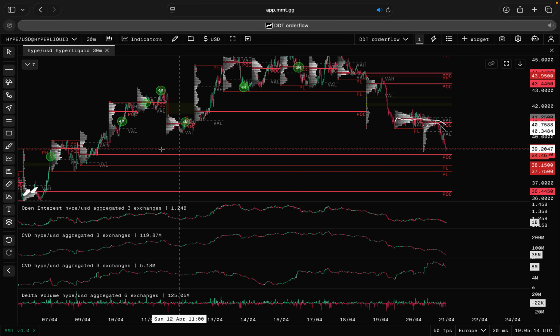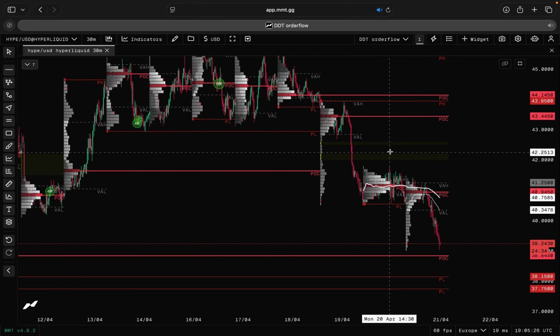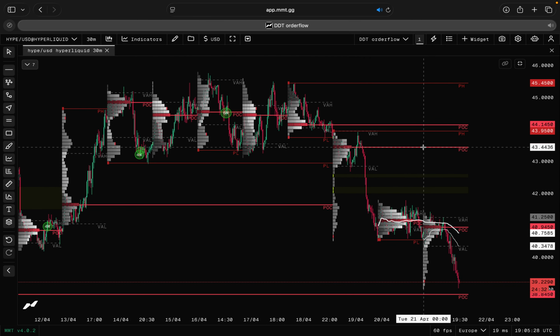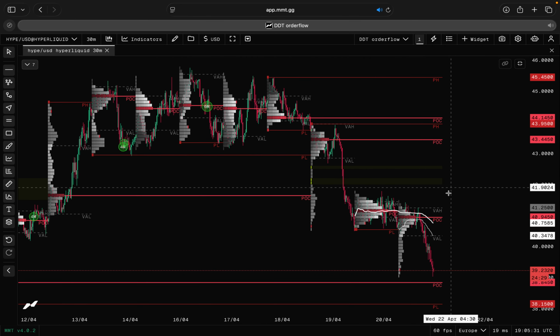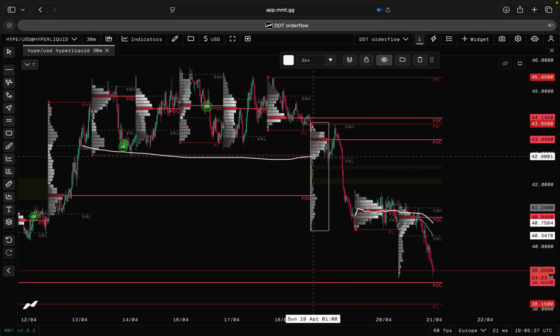Okay, so on the downside we have some daily POCs, one right here and one right there, but also above, one right there and one right there, and we have some single prints above. So from a TPO perspective, this is where I am mainly bearish right now, since this was, in my opinion, a distribution range.